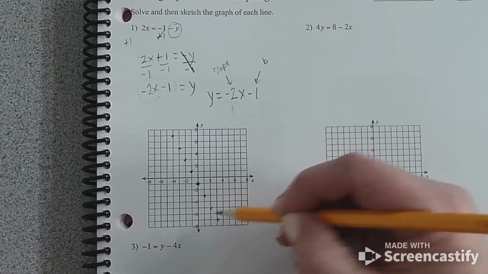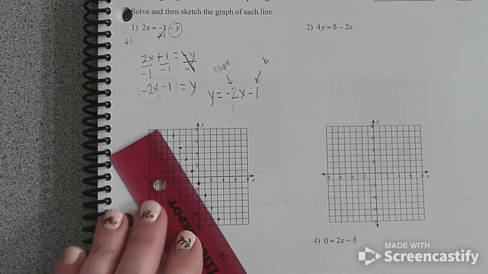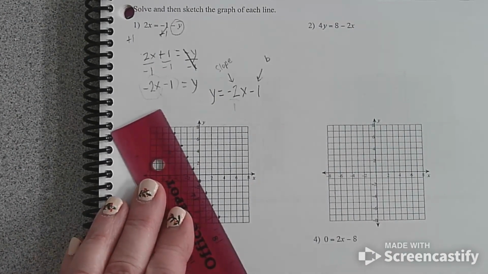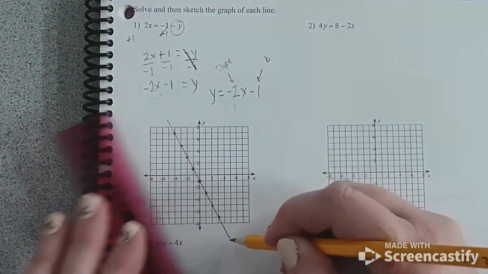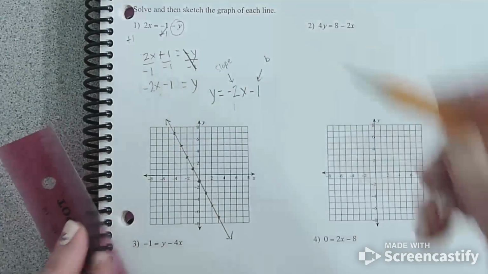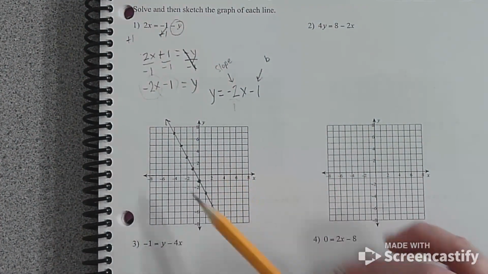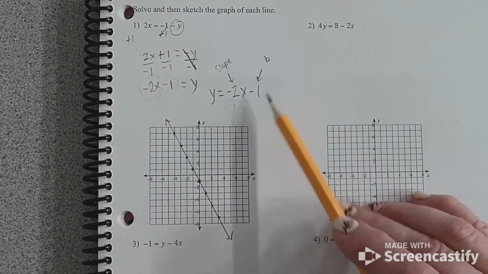Then get yourself a little ruler or something you can draw with and make yourself a slope. Okay, so now my equation and my slope match. So this is -2x minus 1.